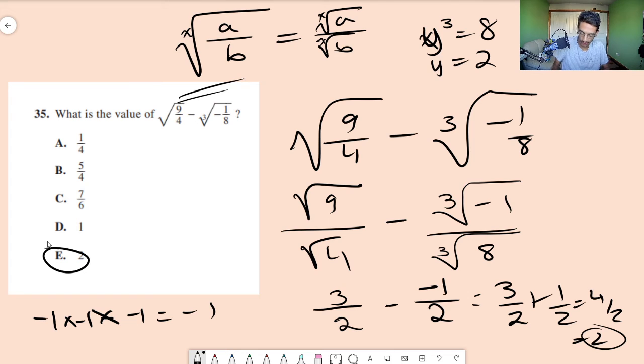But another thing is, the beauty of the ACT is you're allowed to use a calculator. So what I would do here is take second, x squared on your TI-84, and put in 9/4 in there.